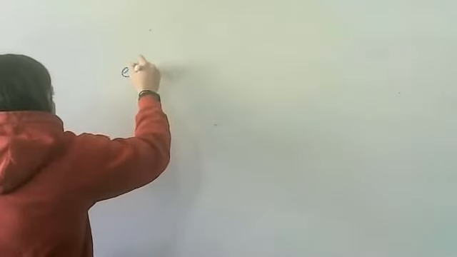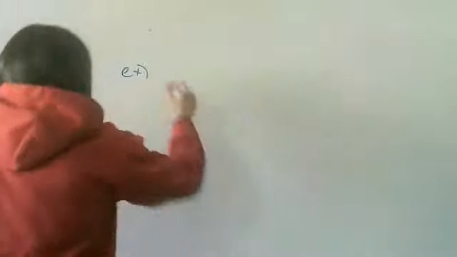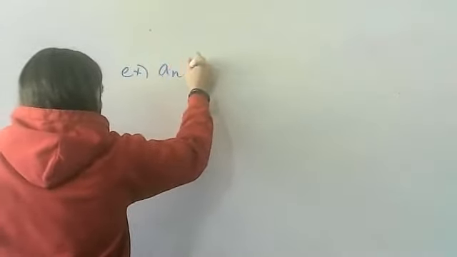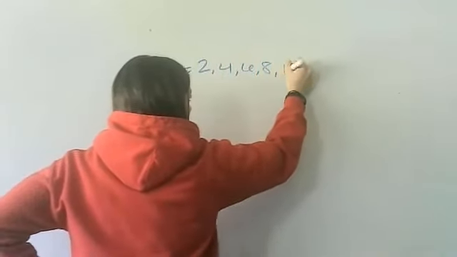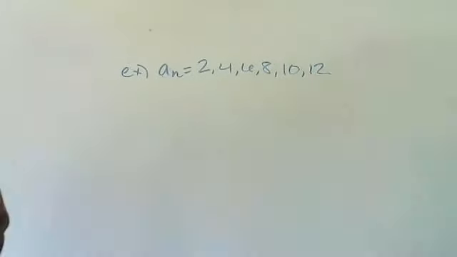Okay, so we're going to have a couple different sequences up here. The first one being 2, 4, 6, 8, 10, 12. First thing to note, this is an ending sequence.